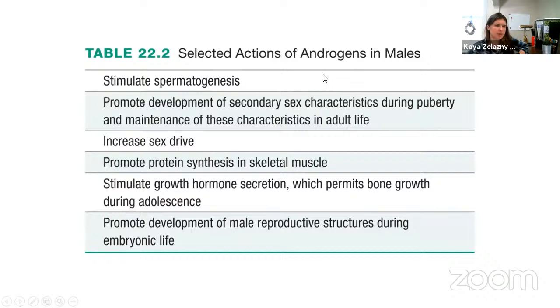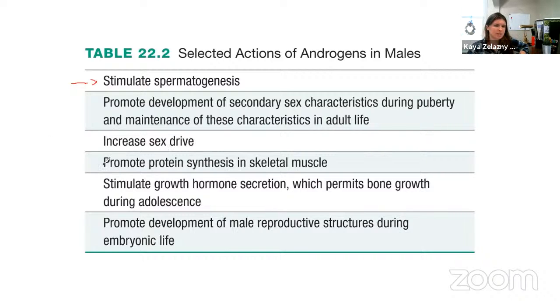Here's a table from your book about the actions of androgens in males. Mainly we're thinking about testosterone. They're going to stimulate spermatogenesis, which is a lot of our focus today. They're going to promote development of secondary sex characteristics. They're going to increase sex drive. So testosterone is a lot of what produces sex drive.